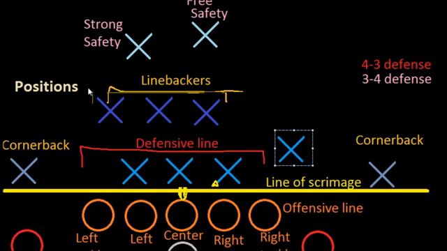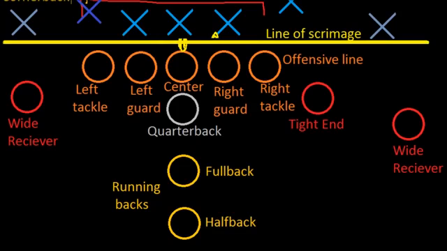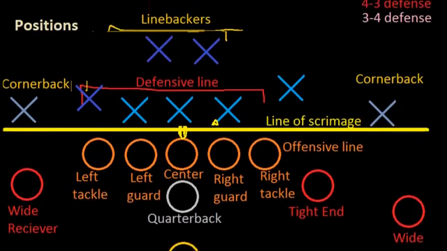Sometimes you'll see these guys come up here closer to the line. So technically you still have 4 linebackers there and 3 defensive linemen, but overall that's the basic layout of the positions. So you have your safeties in the back, linebackers, your defensive line, your 2 cornerbacks on defense, and your guys on offense.